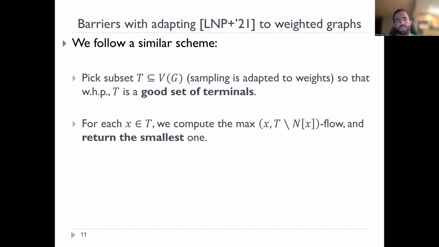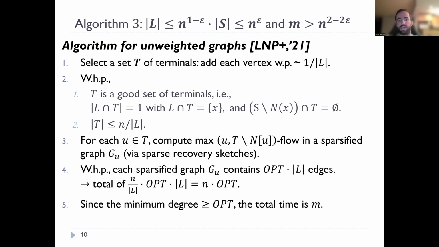Now, what we do is we follow a similar scheme to that one. We pick a subset of terminals T. In our case, the sampling is adapted to weights, so that with high probability T is a good set of terminals, which again means that there is one terminal X in L, and that for the set of nodes in the separator S without the neighborhood of X, we did not choose any terminal from that subset.